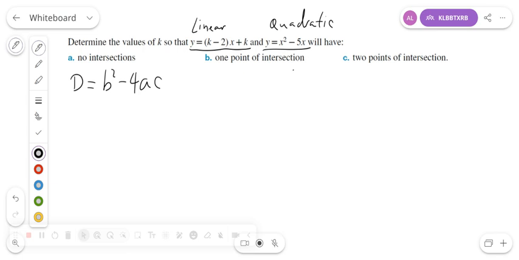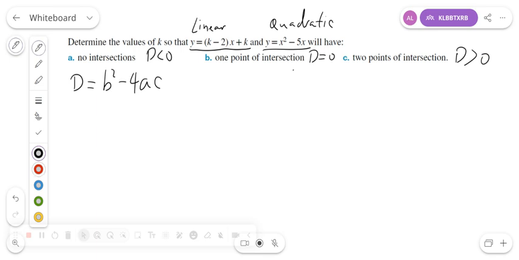So how we determine whether we have no intersection, one intersection, or two points of intersection is: if D is smaller than 0, then we have none. D equals 0, we have 1. D is greater than 0, we have 2.